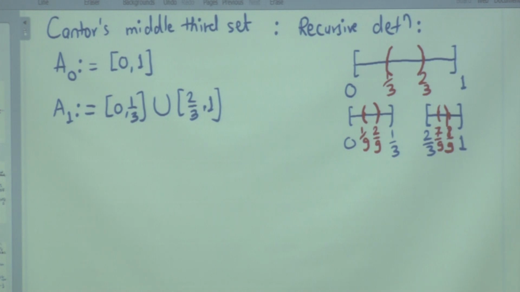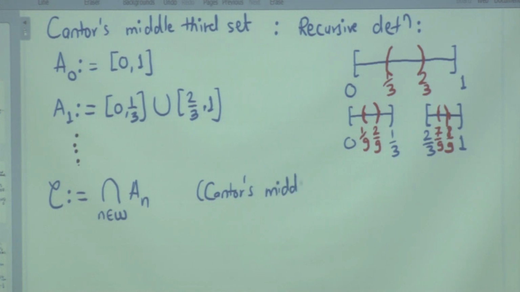I continue this process using recursion, and then the Cantor set C is defined to be the intersection of all the An. This is the Cantor middle third set.